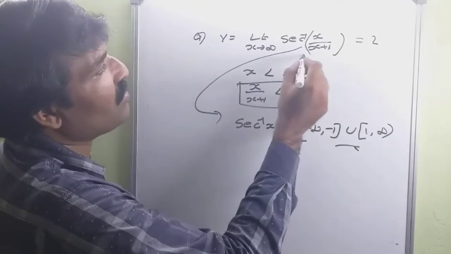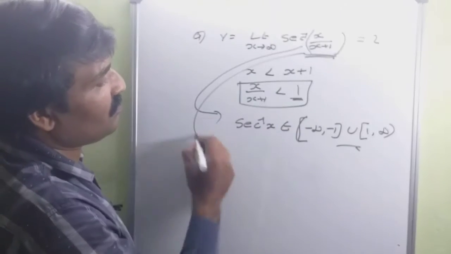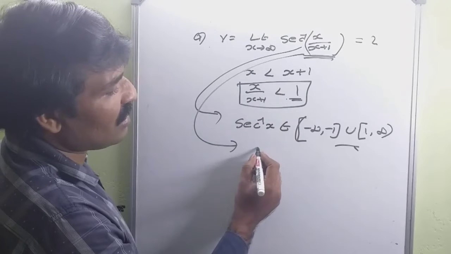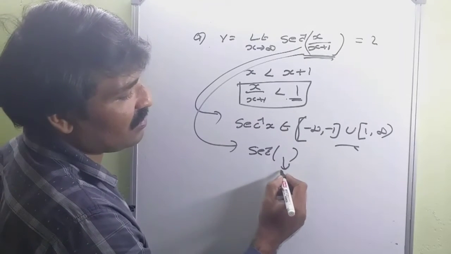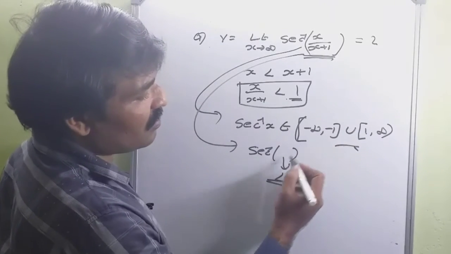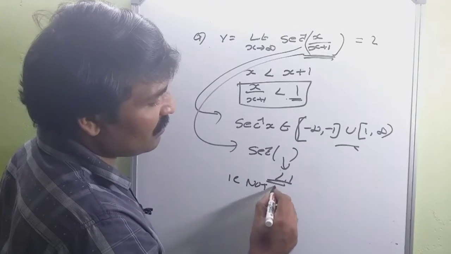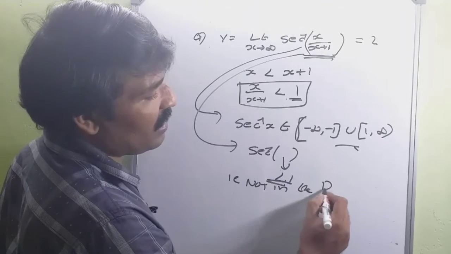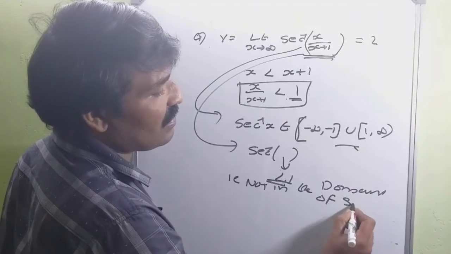Here the argument is less than 1, so it does not belong to the domain of sec inverse.